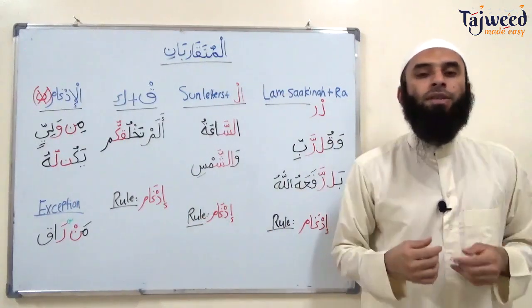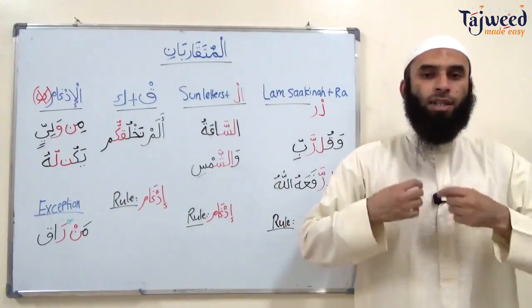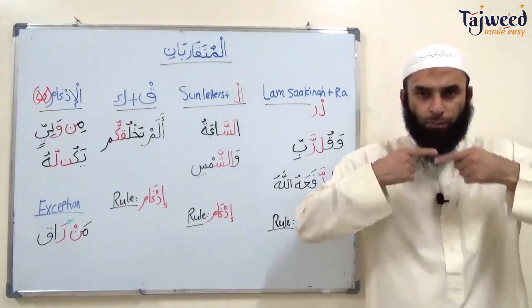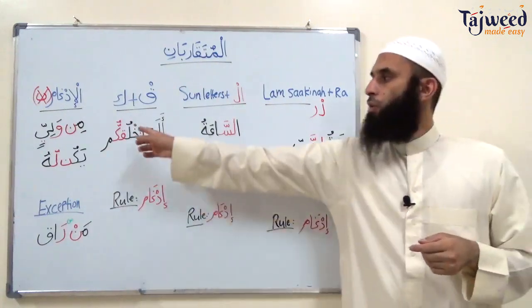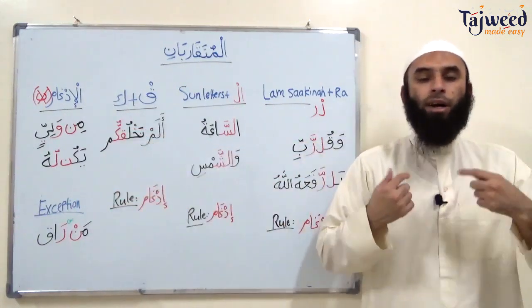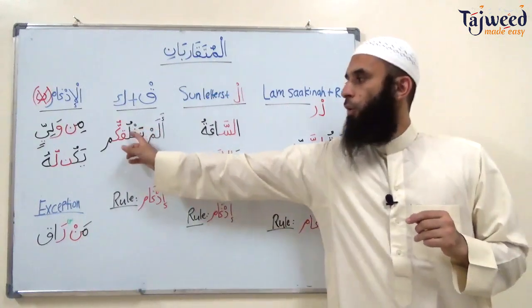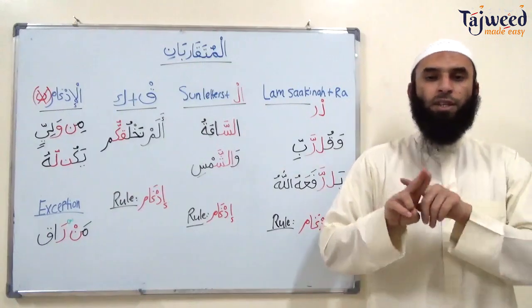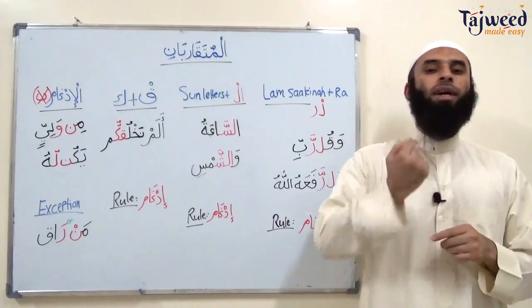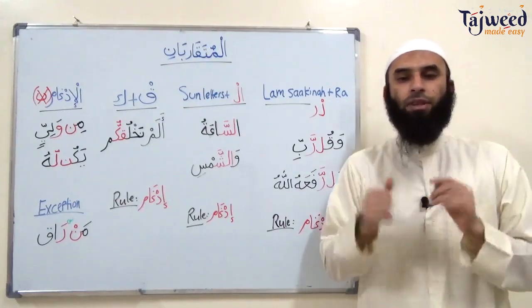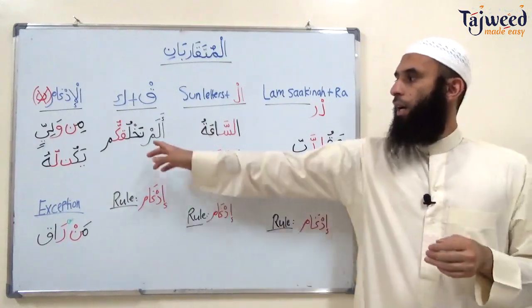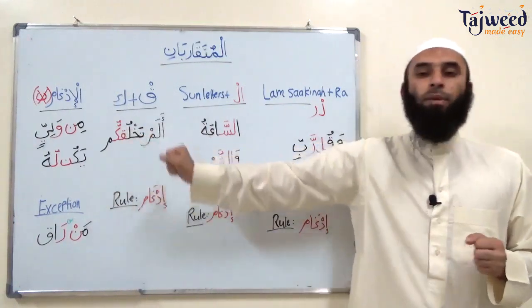Or we can pronounce it by giving the qaf its characteristic of heaviness without pronouncing the qaf fully and going straight to the kaf. That way, or merge them. Because qaf and kaf share a similar articulation point, which is the back of the tongue, but they have different characteristics. This is the only place in the Quran.